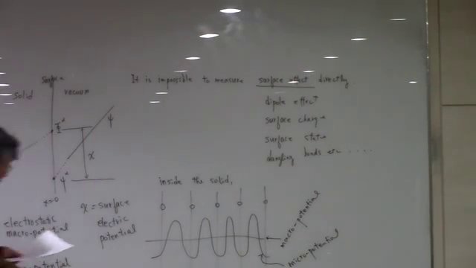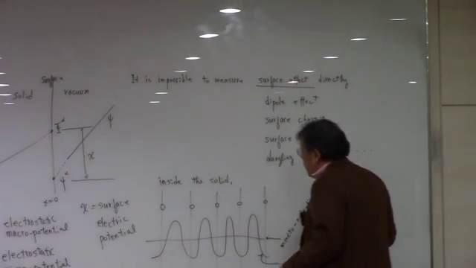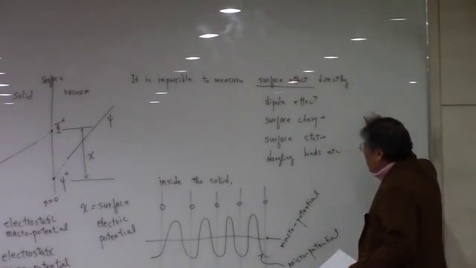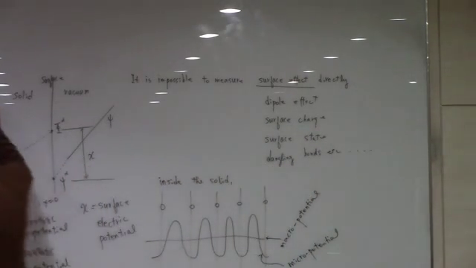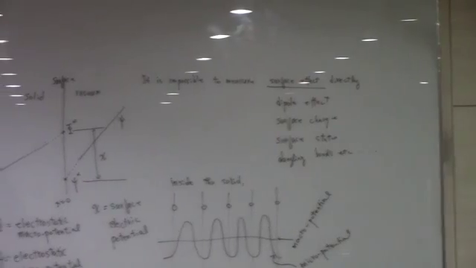Okay, let's see. When we discuss the surface effect, we have to talk about the Debye length. The Debye length basically means the distance where the surface effect is effective.